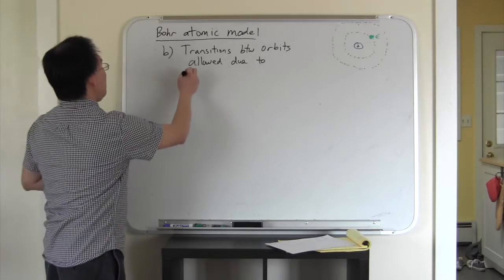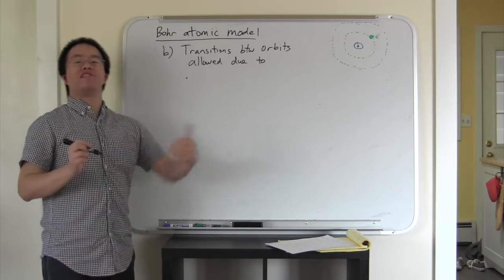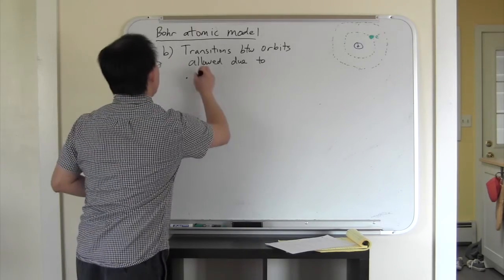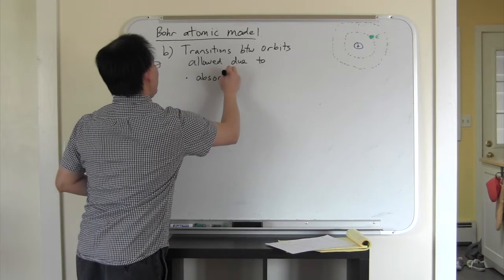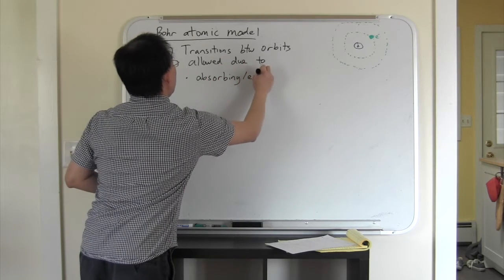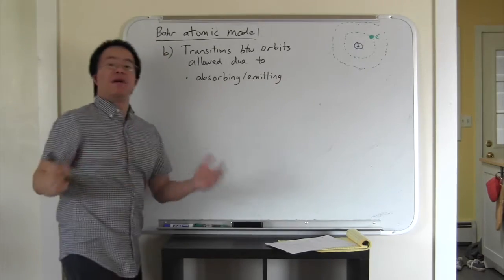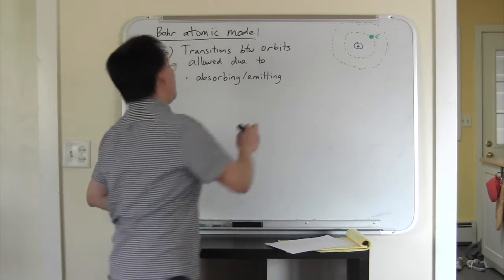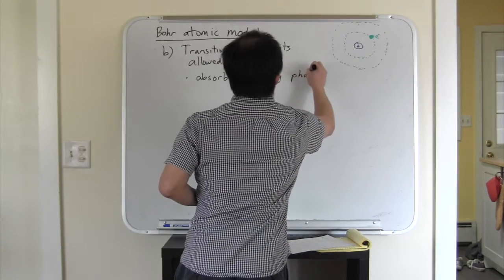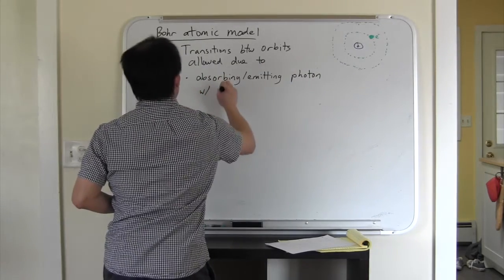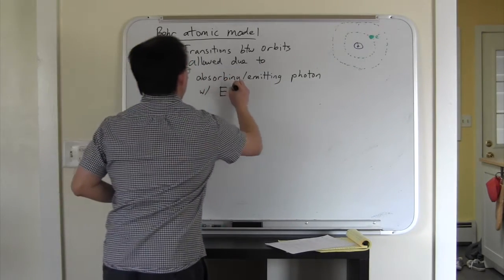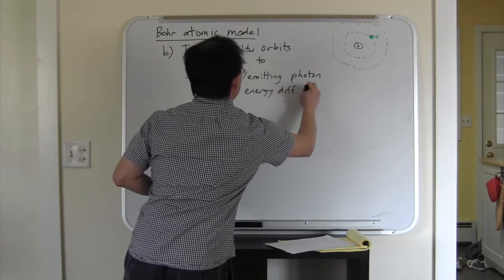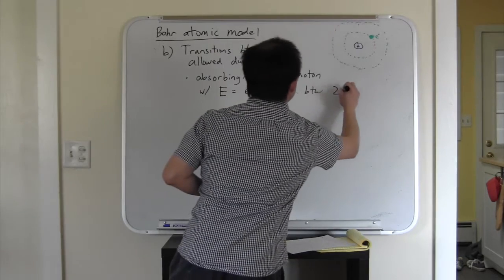The first way that an electron can transition between orbits is by absorbing or emitting a photon whose energy is equal to the energy difference between the orbits. Photon with energy, and I'll just abbreviate energy with E, equal to the energy difference between two orbits.